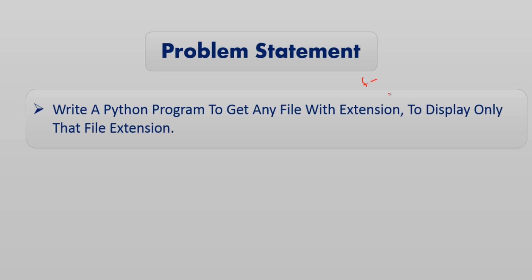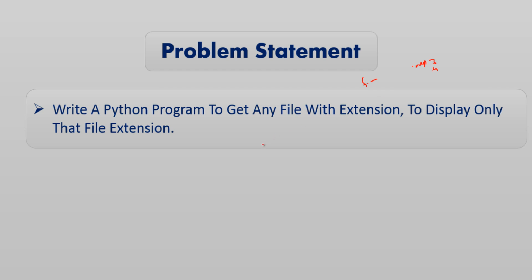Extension is a character or set of characters which denotes the file type. It describes which type of file it is. For example, .mp3 means this file is an audio file. If it is .mp4, it means this file is a video file. So extensions say something about the file type.